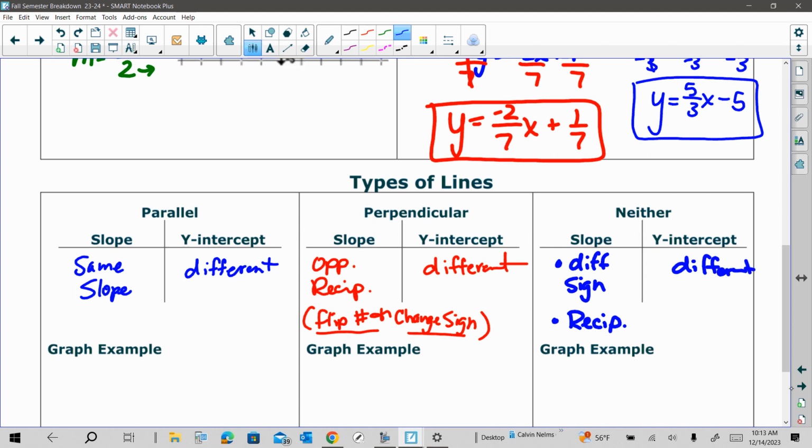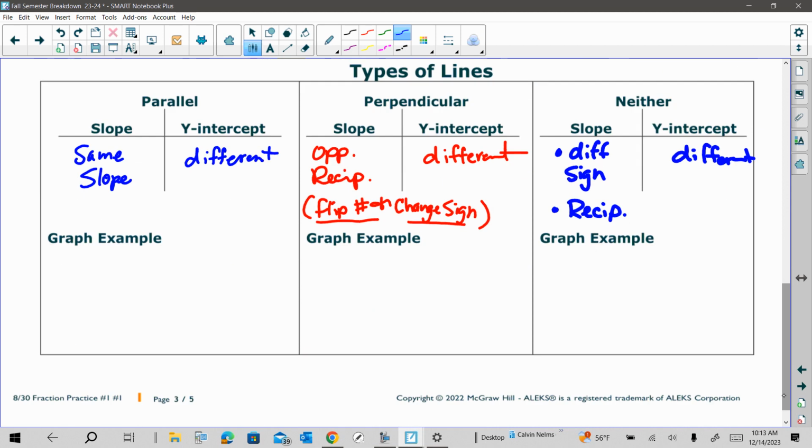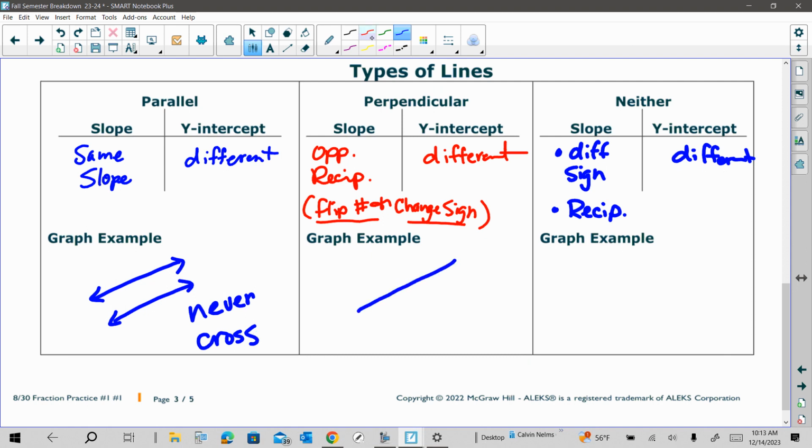So an example of the graph, parallel lines, oh, that doesn't look very good, but they should never cross. If they're perpendicular, it should make a right angle. So they form a right angle.